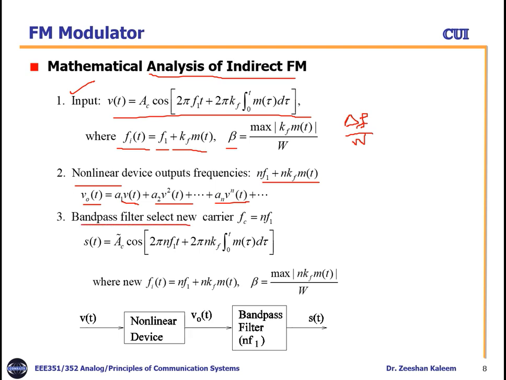The band pass filter selects the new carrier frequency, which is NF1, where n can be 2, 3, 4, which is our desired. So we will get this term, right? Where now the instantaneous frequency is NF1 plus NKFM, and similarly beta is NKFM over W. So this is again the similar block, non-linear device, band pass filter. We get the output signal here. So this was the mathematical description or analysis of the indirect FM.